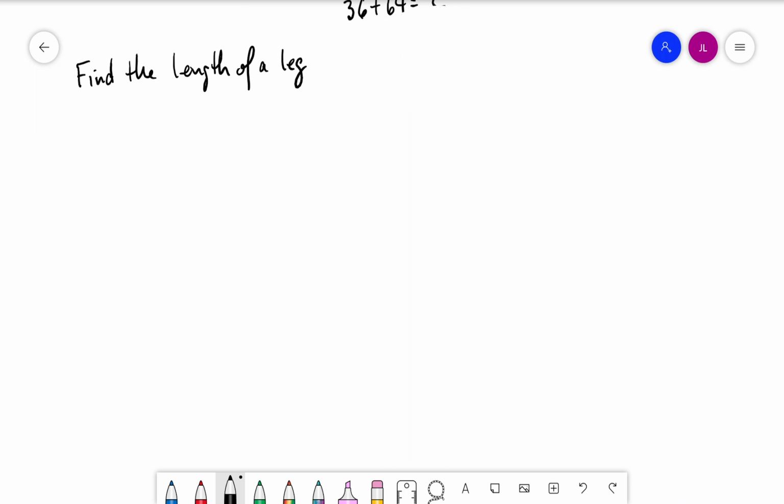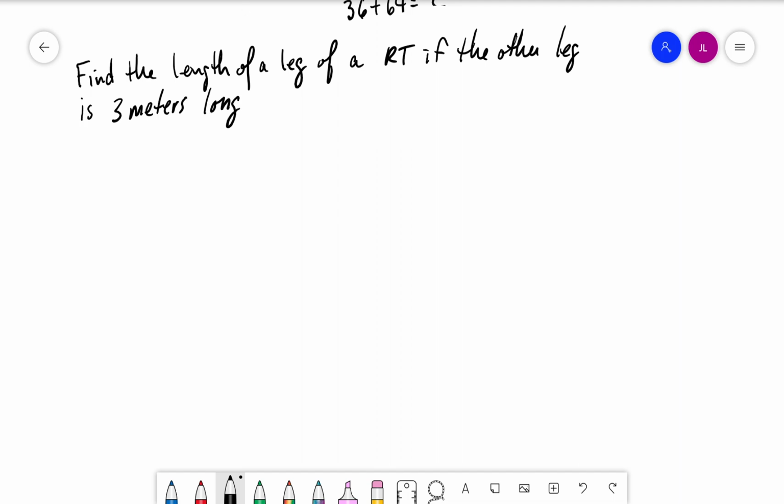We're going to find the length of a leg of a right triangle if the other leg is 3 meters long and the hypotenuse is, let's say, 8 meters long.